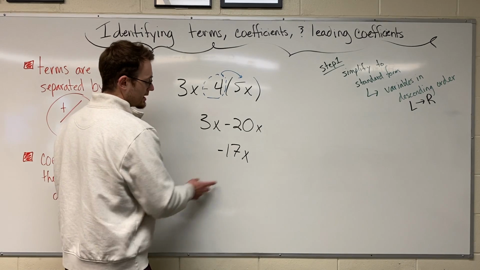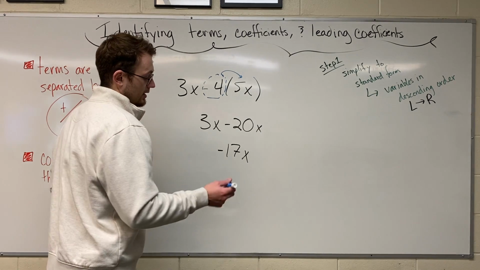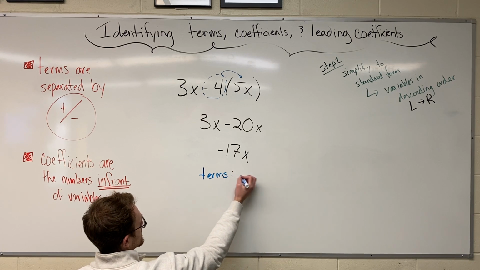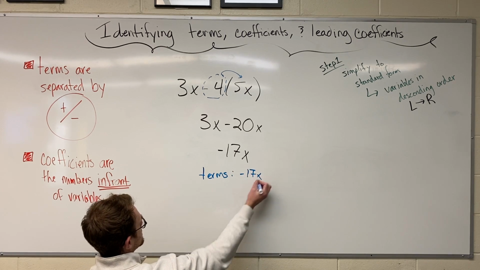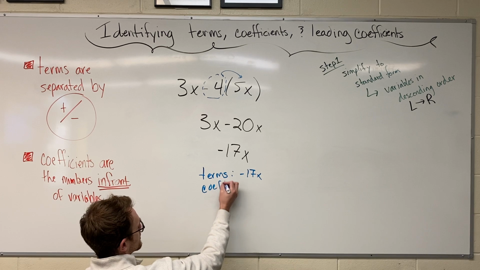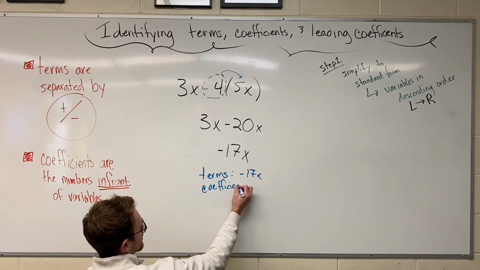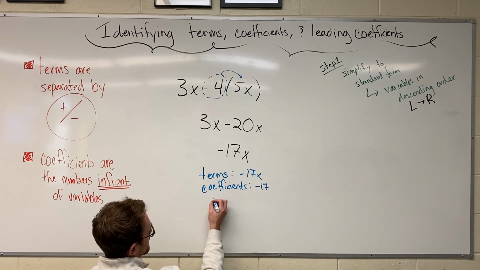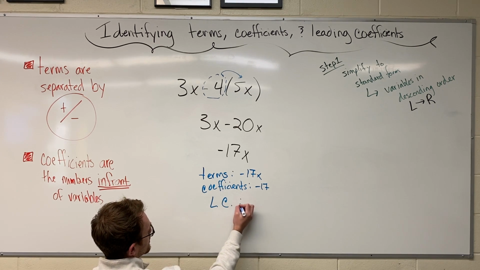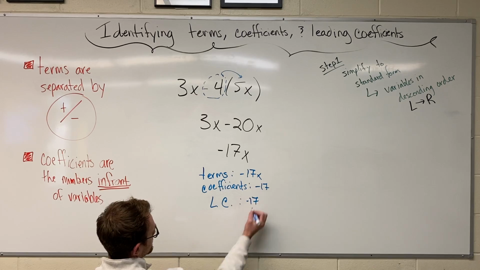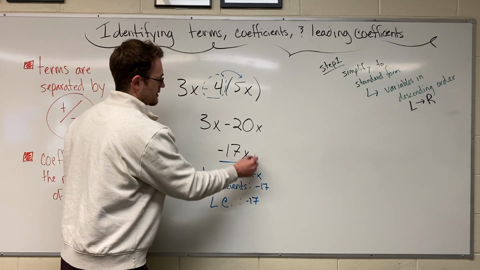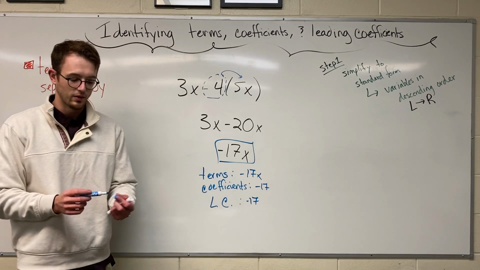So you'd have terms, you would answer with negative 17, x, coefficients, you would answer with negative 17, and then leading coefficient, you'd answer with negative 17. All right, everything would just be based off of this one term, okay?